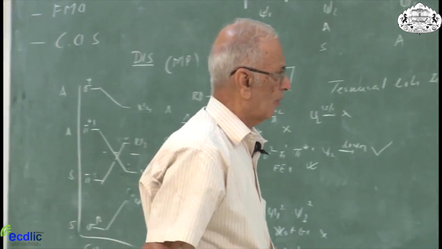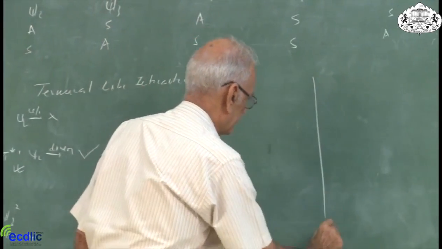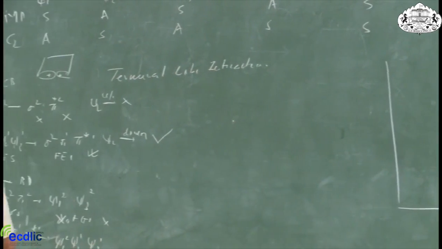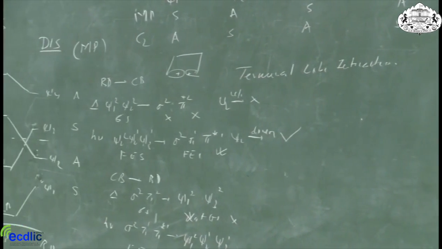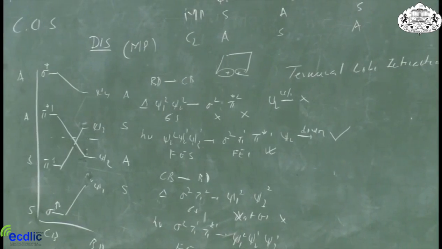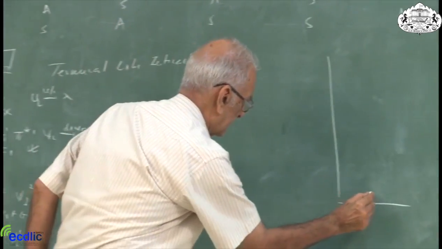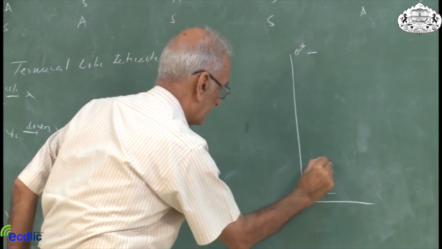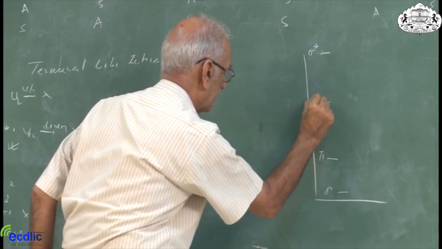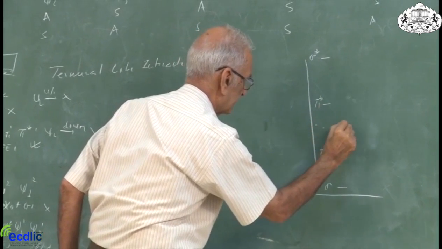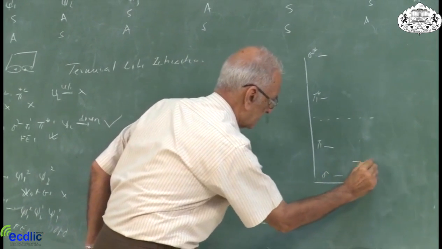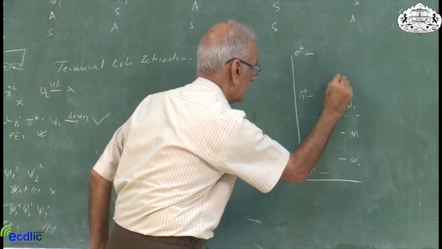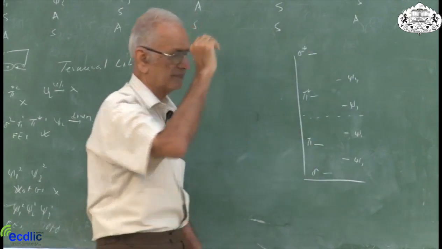Now, we are going to draw this. We had done it last time, so we went very fast over it. Just a recapitulation. Sigma, sigma star, pi, pi star. Psi 1, psi 2, psi 3, psi 4.